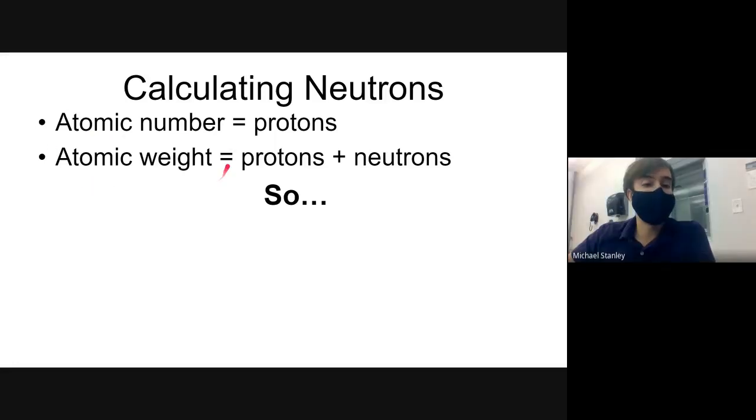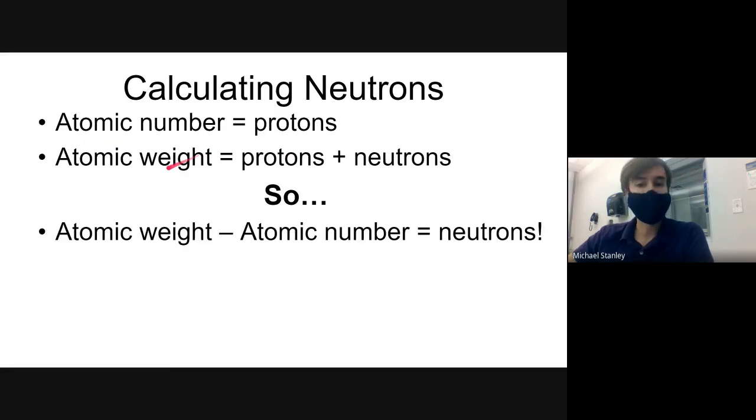So if we know the atomic weight and we know how many protons we have because of the atomic number, then atomic weight minus atomic number will tell us how many neutrons are in our atom. You have the atomic weight right here, the total.